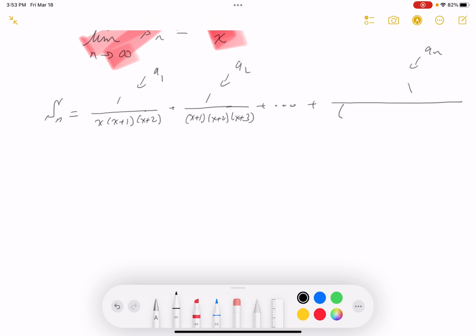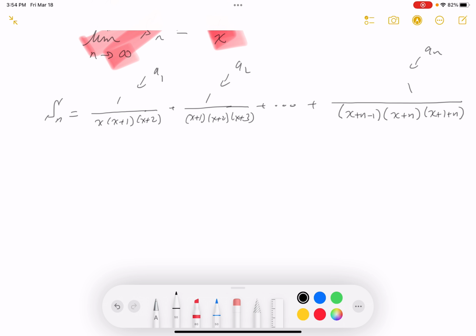What's going to be x plus N minus 1, and then you're going to get x plus N, and then x plus 1 plus N. All right?